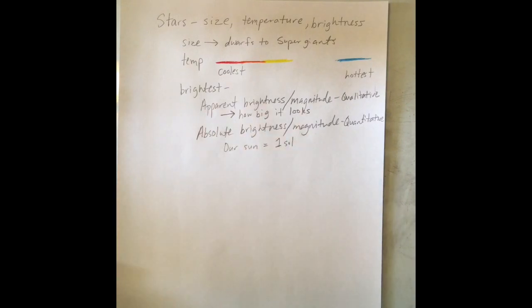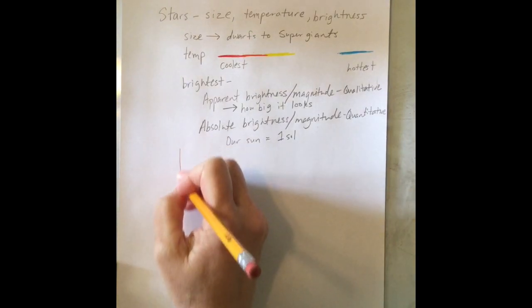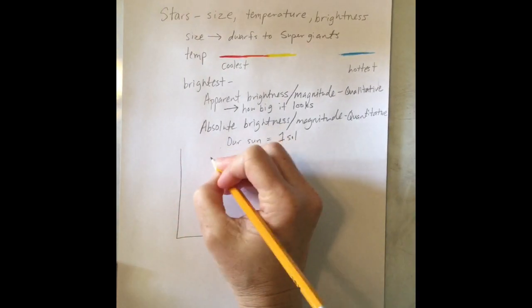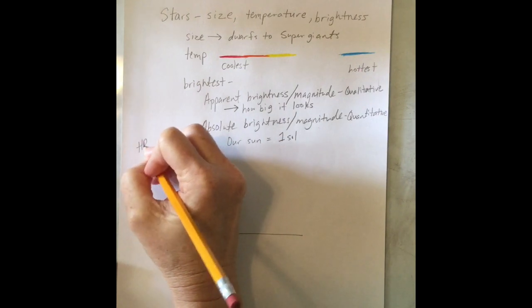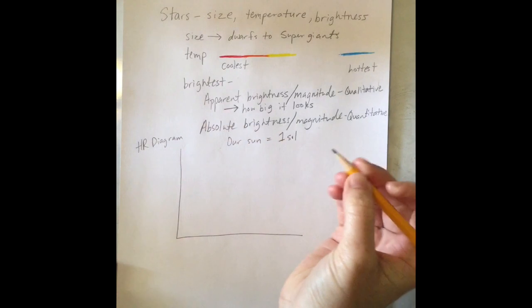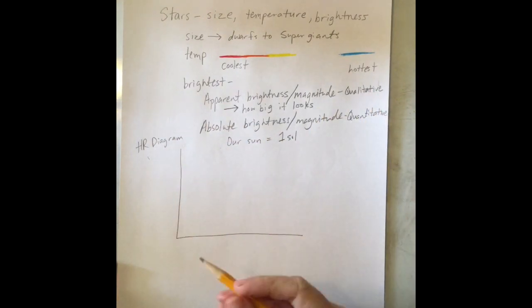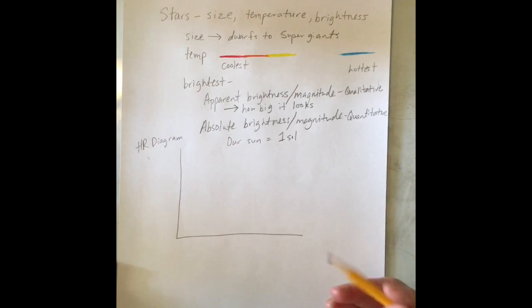Now, all of these characteristics can be described on an HR diagram. So here's our HR diagram. Just as we use the periodic table in chemistry to talk about the characteristics of elements, we use the HR diagram in astronomy to talk about the characteristics of stars.